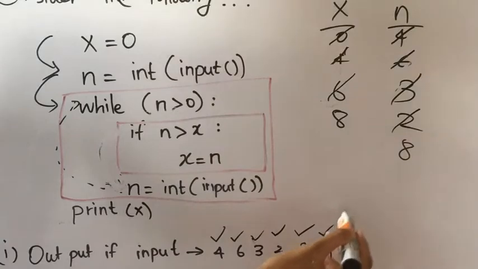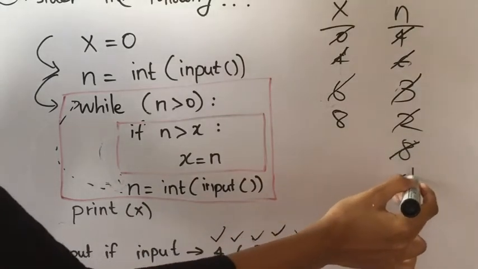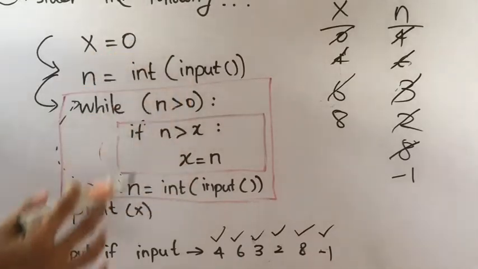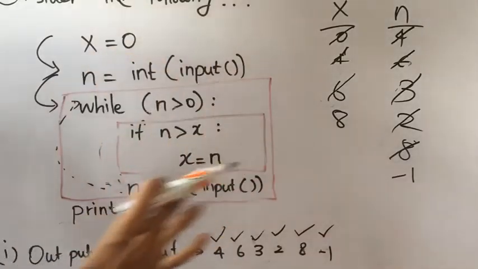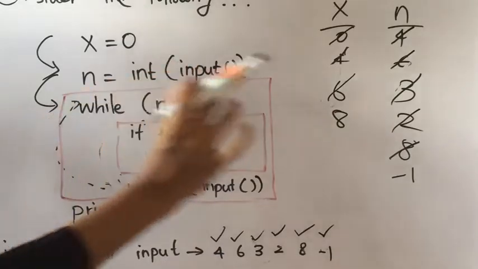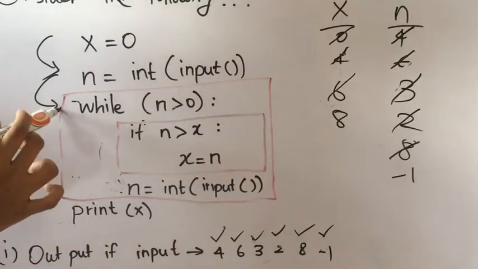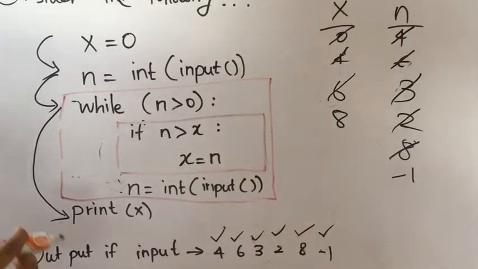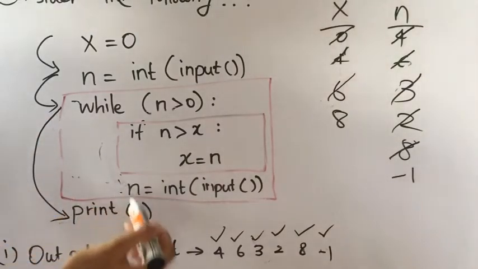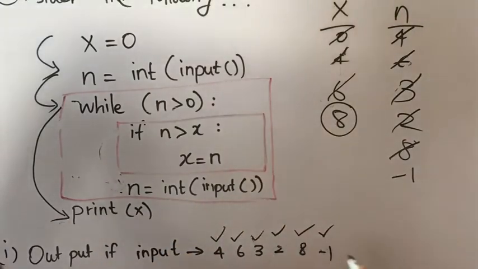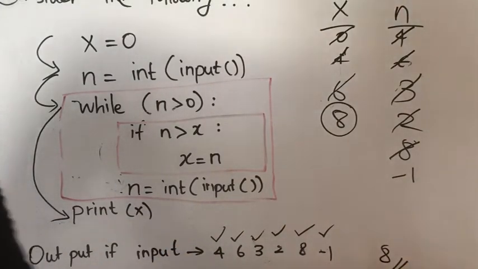The next input is minus 1. So now n is minus 1. Now it will go to the top. Minus 1 is greater than 0? No. We are going to break from this loop. After that, it will go to the next line, which is a print statement, print x. We have 8 in x. So the output for this question is 8.